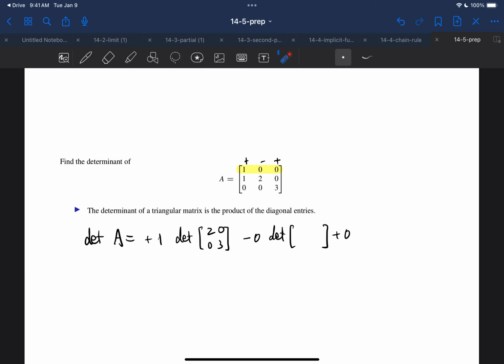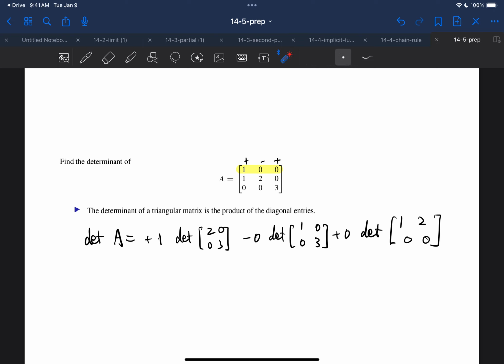So that is 1003. And when I have plus 0 here, then its minor comes from this one, so the determinant of 1200.